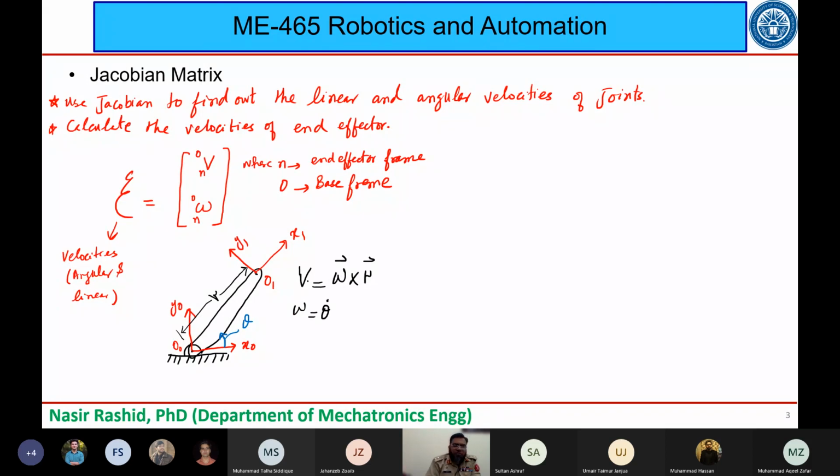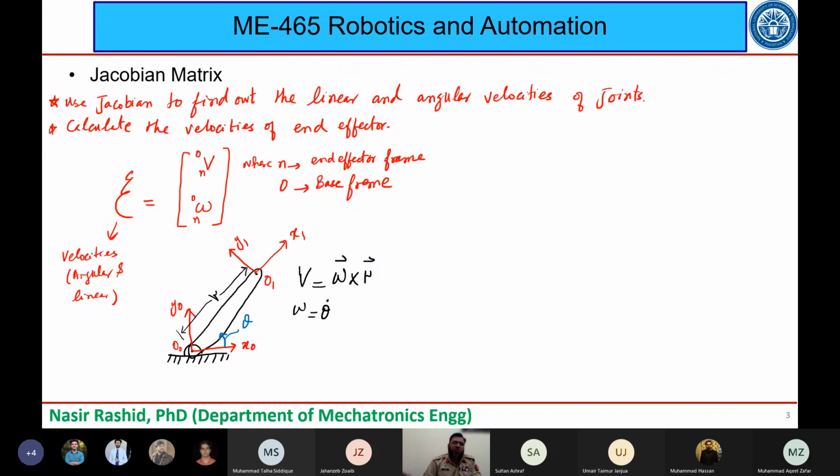Okay, so v is actually the linear velocity of O1, which is the origin of frame 1. So we are now going to get the linear velocity with the help of omega, which is theta dot, for any frame with respect to its previous frame.